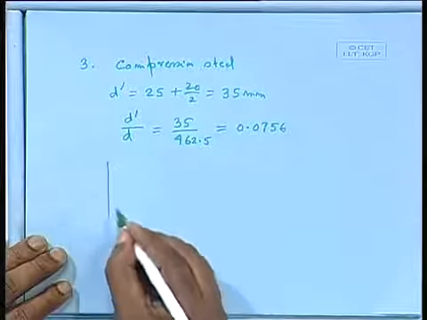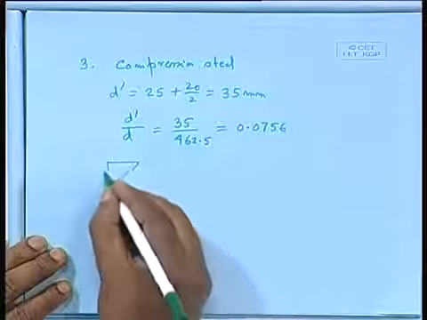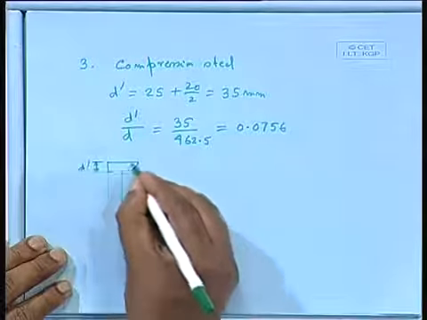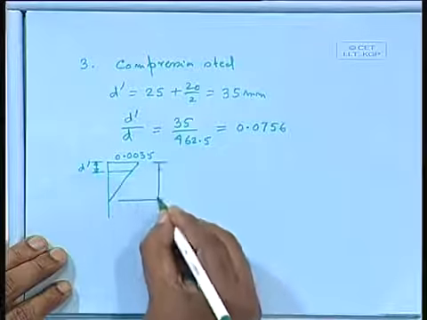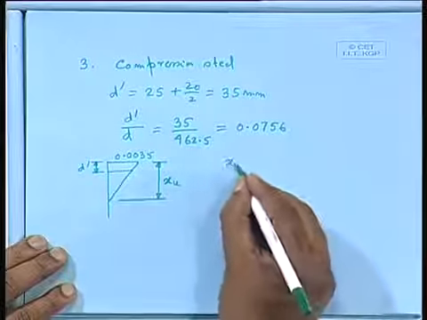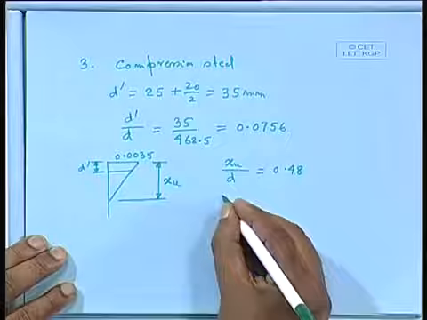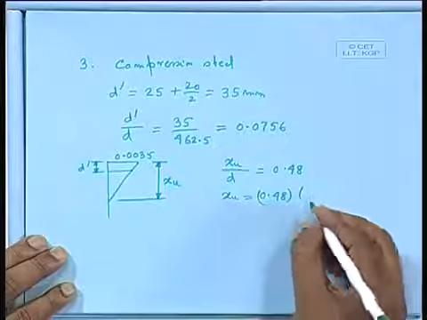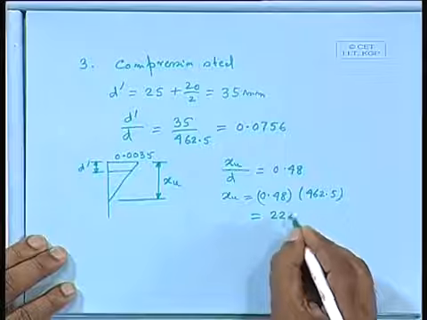We can also write down as, this is d dash and the strain is 0.0035, xu. xu by d 0.48, xu equal to 0.48 multiplied by d, which is 462.5, which comes as 222 millimeter.